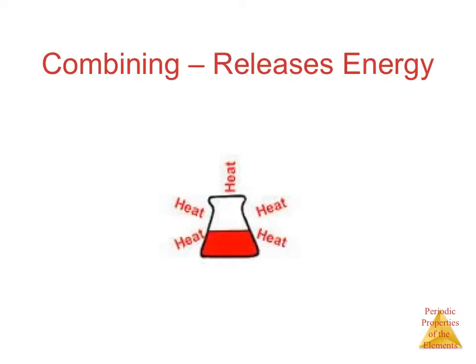So, one of the most important things for you to get out of this course is that whenever you break something apart, it takes energy to make that happen. And anytime something combines, it releases energy, almost always. The reason it combines is to make it more stable, and more stable means lower in energy, and that energy gets released.